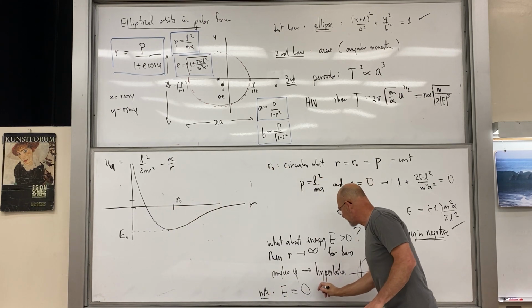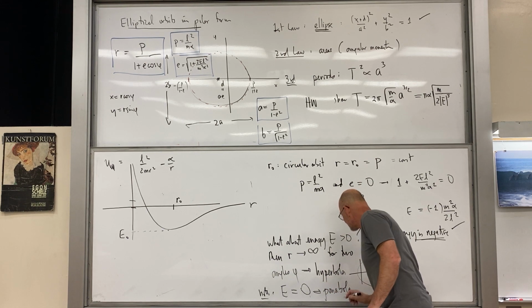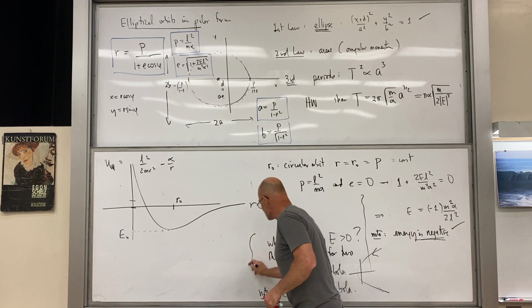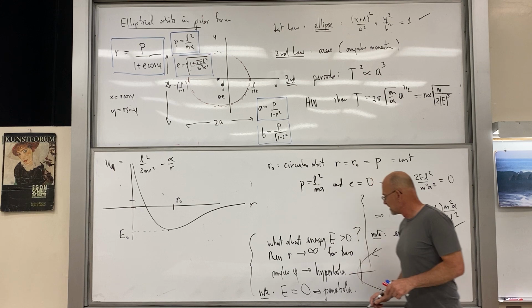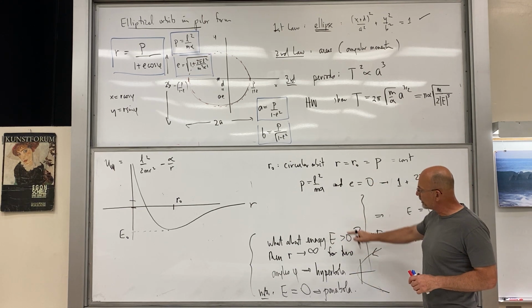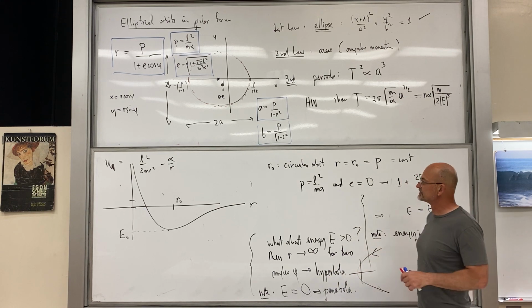So we'll just put that there: parabola, also infinite. There's a little subsection that we're not going to pursue that much more, but definitely you have to be aware of that. Unbounded orbits are hyperbolas or parabolas.